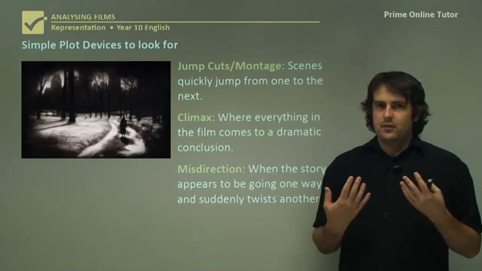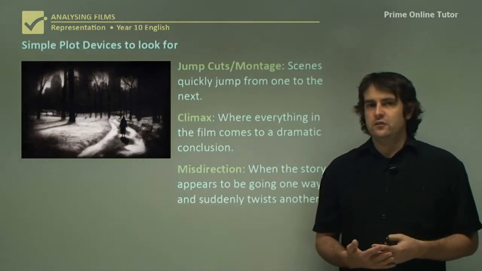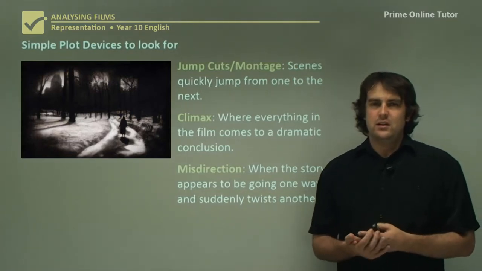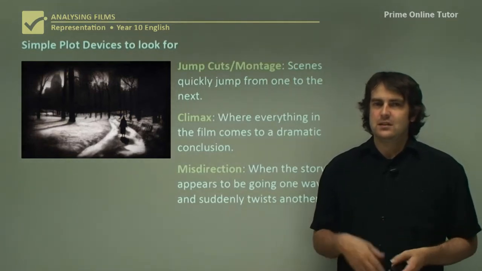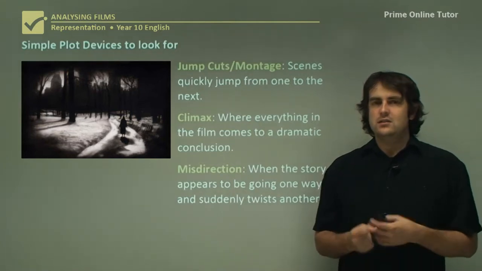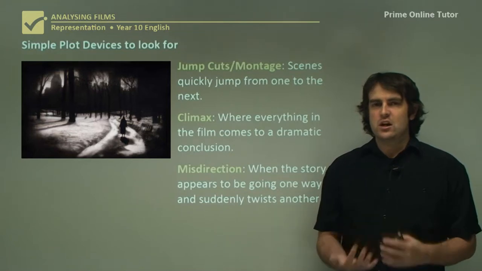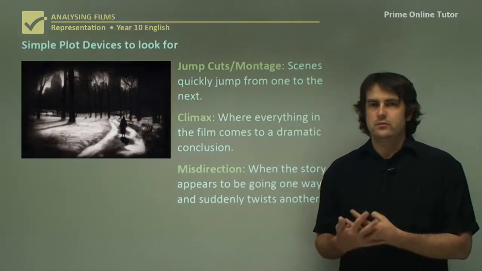And so that plot technique is particularly important for a lot of films, lots of twists and turns, and particularly films with a lot of complexity and something that's quite deep as well, in that they'll have some sort of misdirection in there, something that will make you change your mind about a particular person or something that's happened in the film.